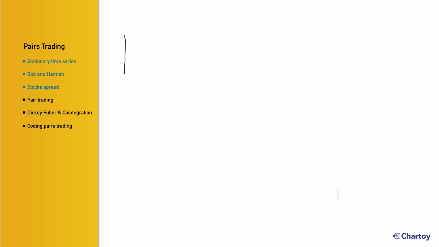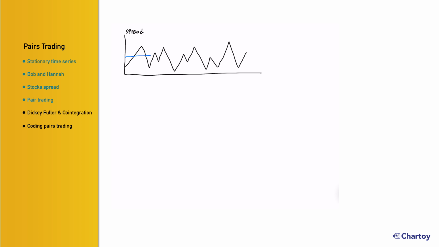Because the spread is somewhat stationary, it has a constant average. So if the average is constant, we can assume that it has a tendency to revert to the mean, to the average, right?